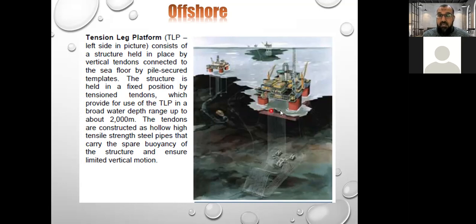As you can see here, this consists of vertical tendons, which are connected to the sea floor by bio-secure templates. So this structure is held in a fixed position by tension tendons. That's why they call it tension leg platform.